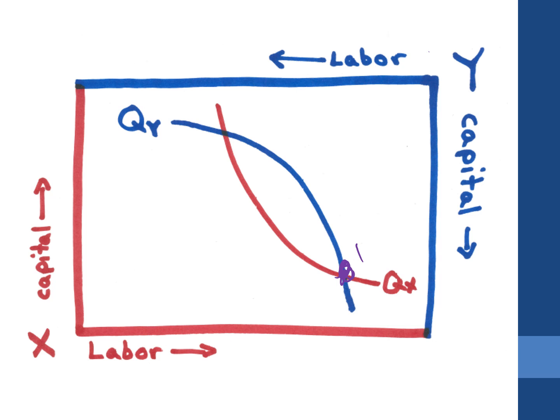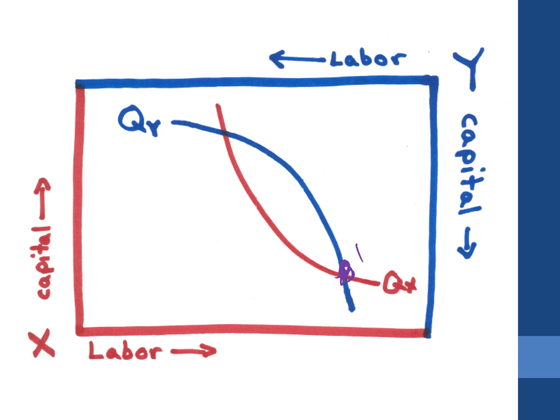Well, given this situation, we know this is not a Pareto efficient point within the production of goods X and Y. And so what we could see is that these firms, just like in the exchange efficiency example, could exchange from this point. They wouldn't stay here if they had perfect information, more was preferred to less, they had decreasing returns from their inputs, and there were zero transaction costs.